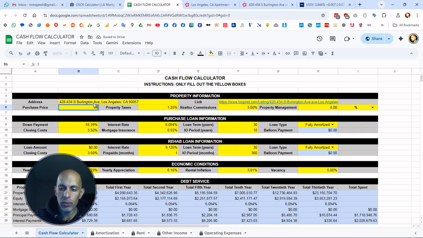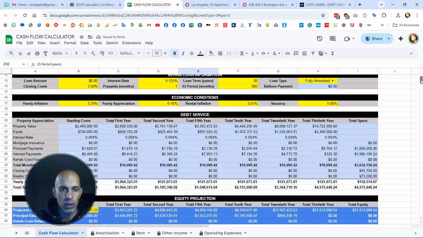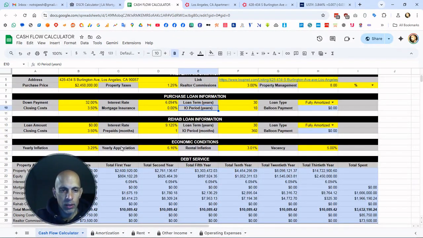We're going 245, 1, 2, 3, 4. Okay, that's handled. Property management was handled at 8%. Down payment was 32% here. No mortgage insurance because this is an agency loan. No rehab costs, we're just leaving it as is.